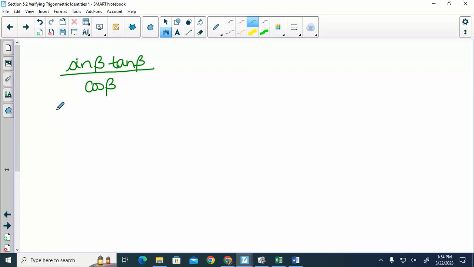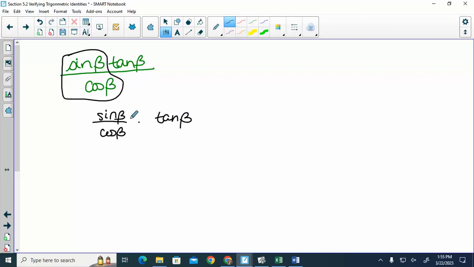This is all one term. So I can reorder things if that is helpful to me. Would you guys agree this is the same thing as if I said sine over cosine times tangent.